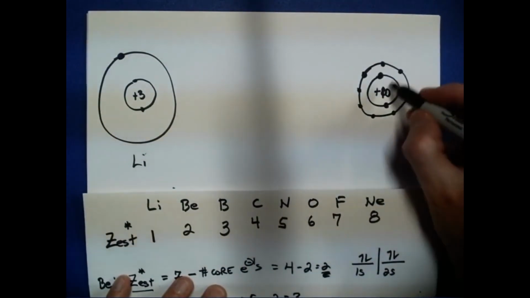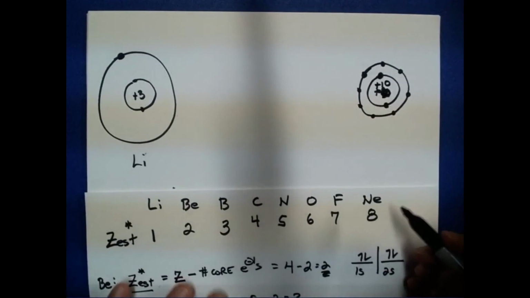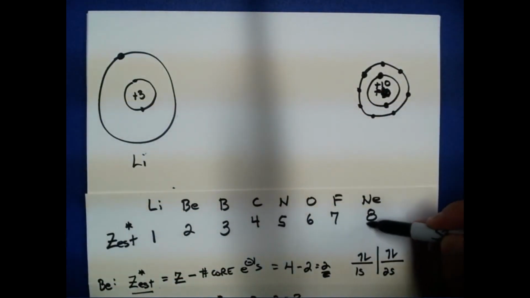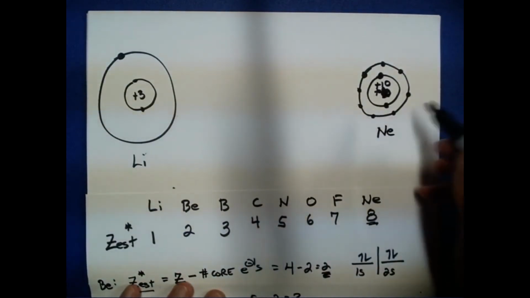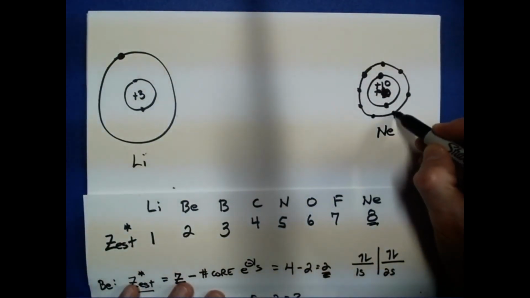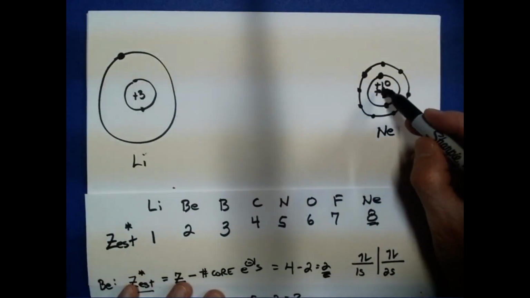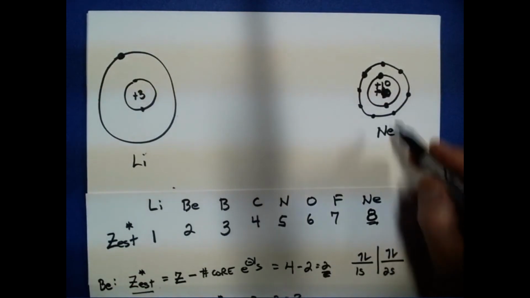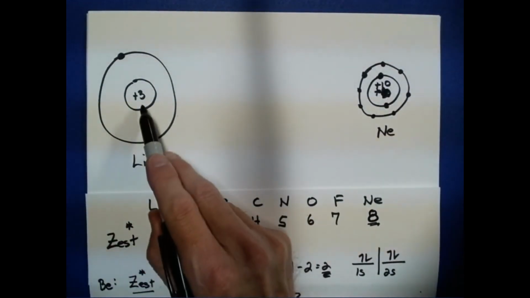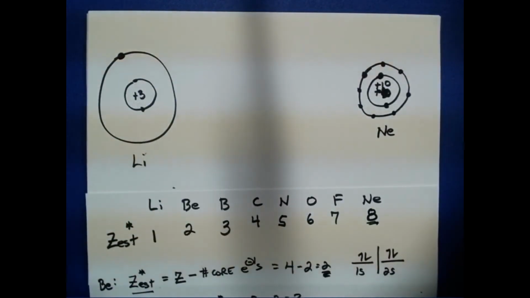And in this case, you'll note that 10 looks terrible. Let's make it like that. There we go, plus 10. And in this case, we see that the effective nuclear charge is 8. What that means for neon is that this electron right here feels like it's being pulled by a nucleus that has a charge of plus 8, which is 8 times as big as what this electron experiences in lithium.